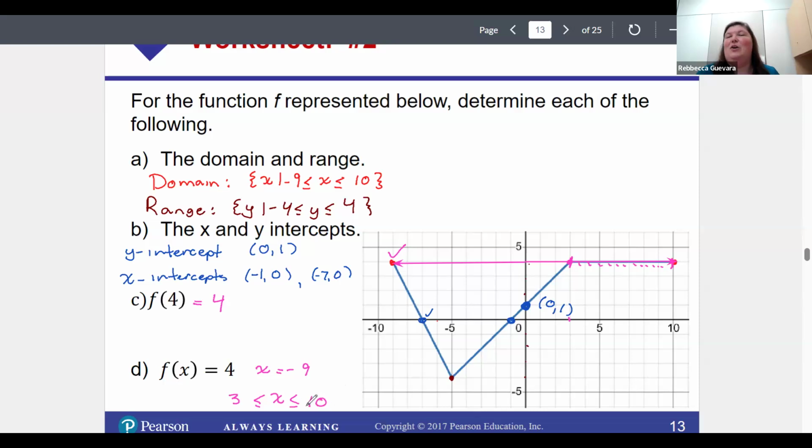All of those pop out 4, and if x is -9, I pop out 4. So for D, one of the ways you might see it is in set notation: x is equal to -9, or x is between 3 and 10.